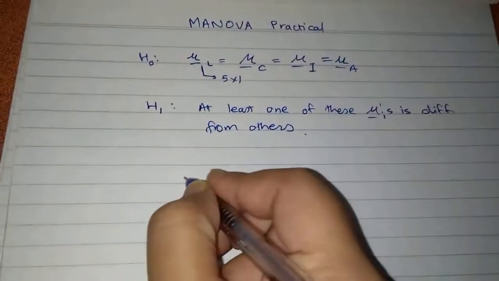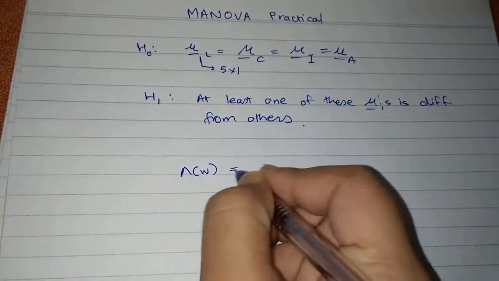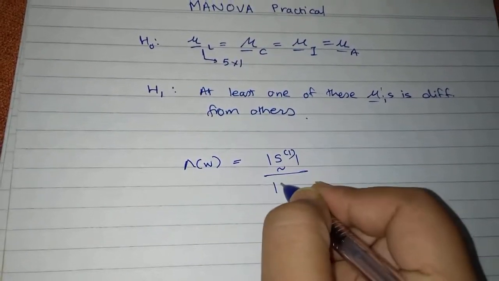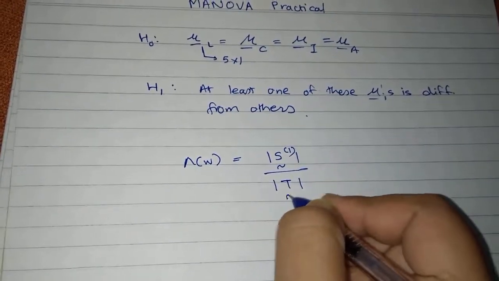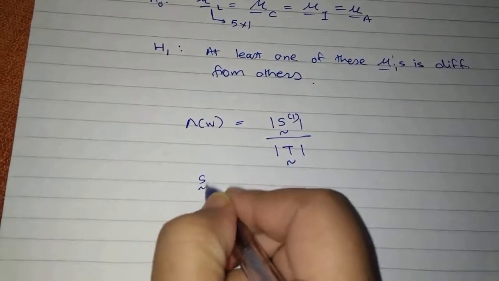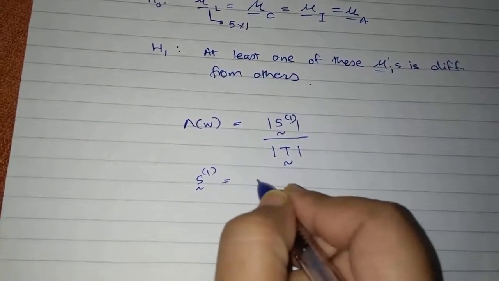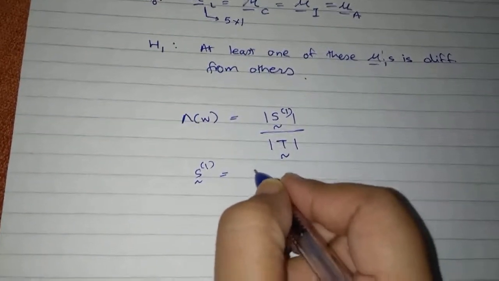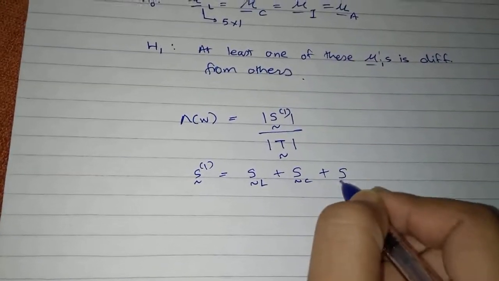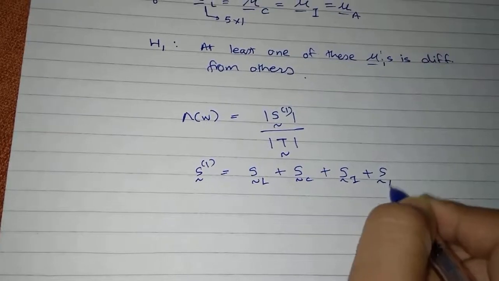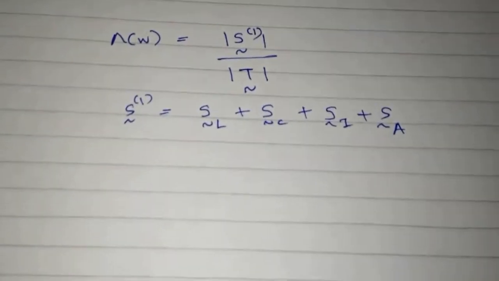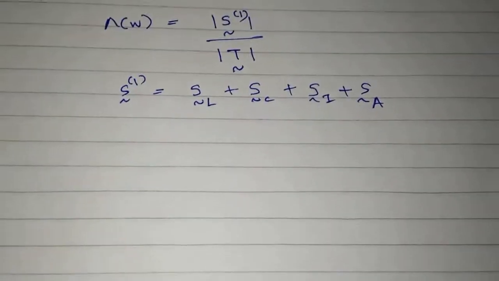We know from the theory that we have derived that the formula for Wilks lambda is determinant of S1 upon determinant of T. This is the notation that we have used, where S1 is the sum of individual CSSP matrices. So S1 would be SL plus SC plus SI plus SA, if these are the CSSP matrices for the respective samples.